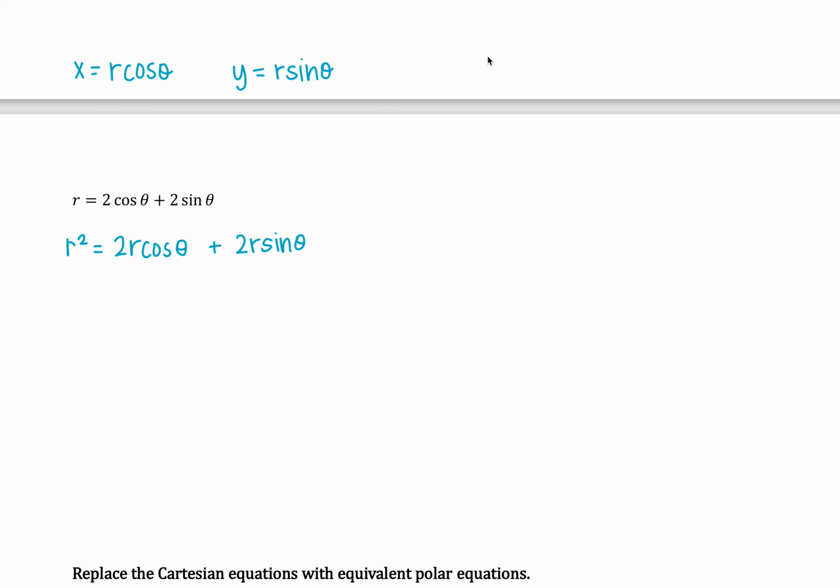Now, one of the other formulas that we had to relate Cartesian and polar coordinates is that r squared is equal to x squared plus y squared. And so on the left-hand side, I'm going to make use of that. So we have x squared plus y squared equals 2x plus 2y.